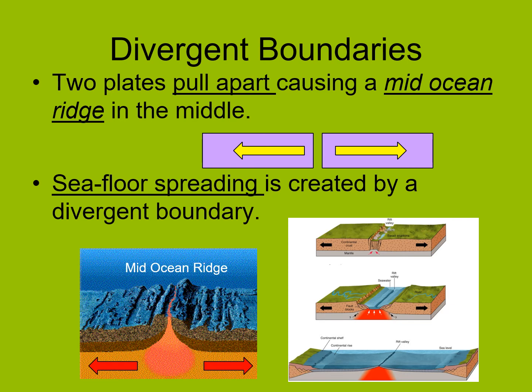And the reason they're going to pull apart is because the molten rock is going to be pushing up from the mantle, creating this little crack. And when it gets up onto the ocean floor, it's going to harden because it's cooler up there. And it's going to create a mid-ocean ridge. So again, they're going to be pulling apart, causing that mid-ocean ridge.